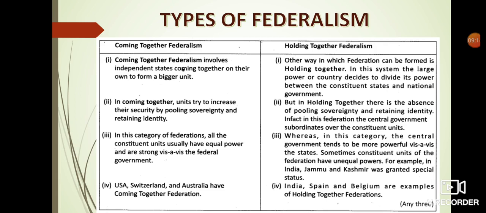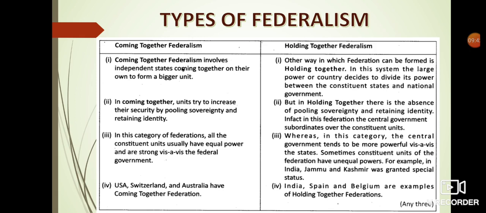Although they all function independently, if any requirement arises, the final decision will be of the central government. So directly or indirectly, the final conclusion is taken by the central government only, because the power has been split by the central government itself. In this category, the central government tends to be more powerful vis-a-vis the states.